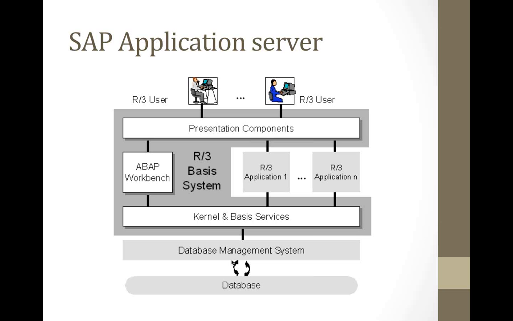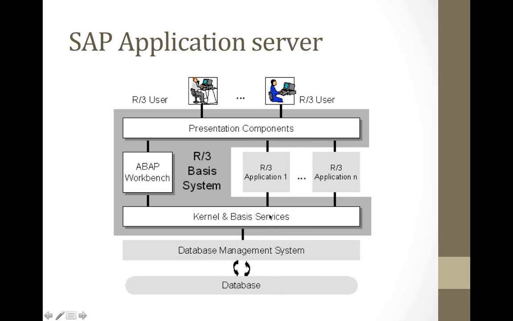In the application server you have the presentation layer where I interact, and when I run an ABAP application, all these applications are executed on the application server instances. When they start executing your application, they talk to your operating system and kernel, and it connects to your database and gets the data or sends the data from the application.